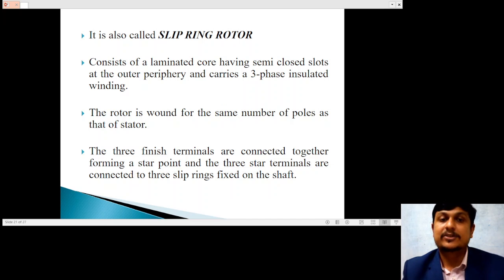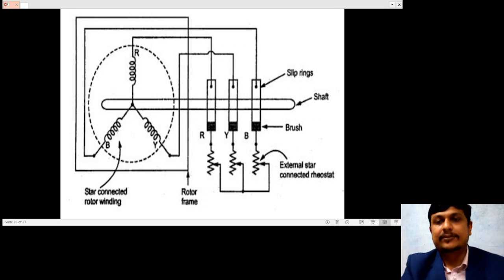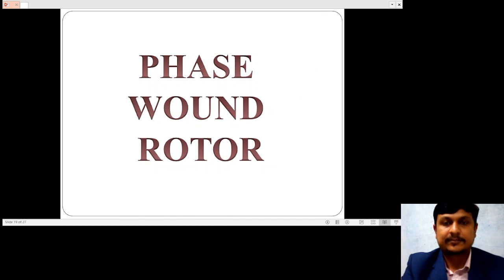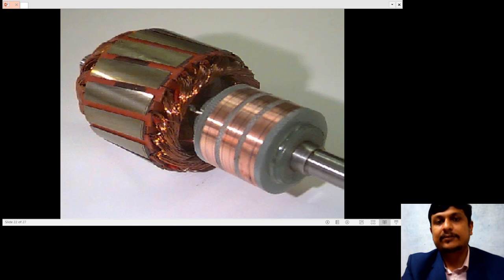The three-phase terminals are connected together, forming a star, and the terminals are connected to slip rings fixed on the shaft.